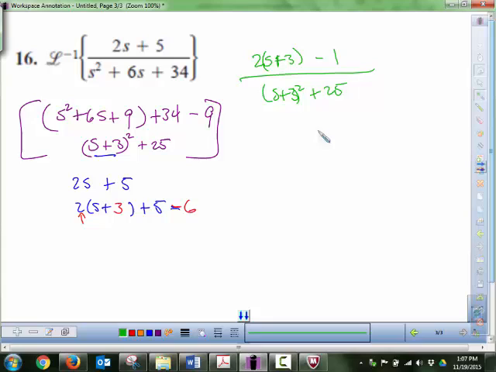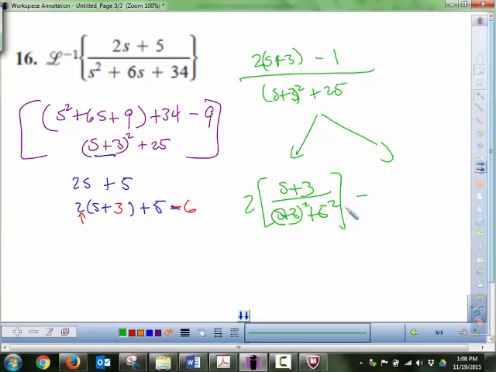So I'll break this up into 2 different fractions. 2, let me write the 2 out here, and then I have s plus 3 over s plus 3 squared plus 5 squared, just to try to make it look like that. Now, I have a -1 over s plus 3 quantity squared plus 25.